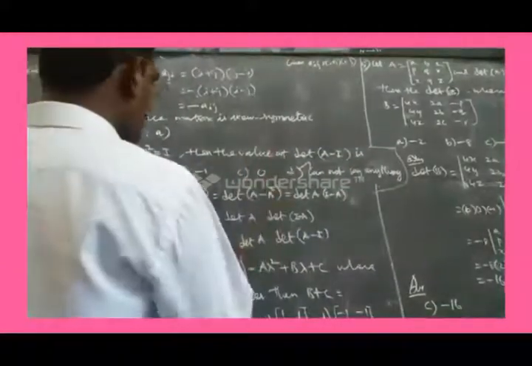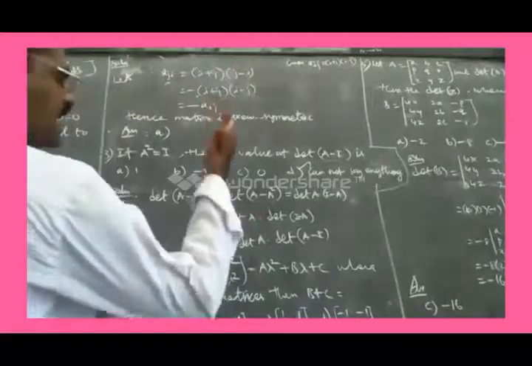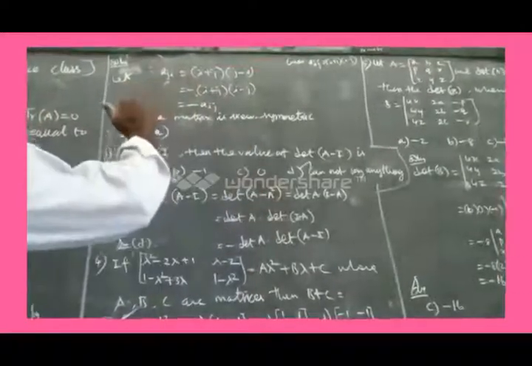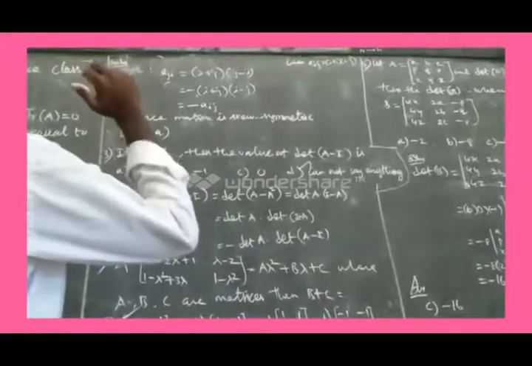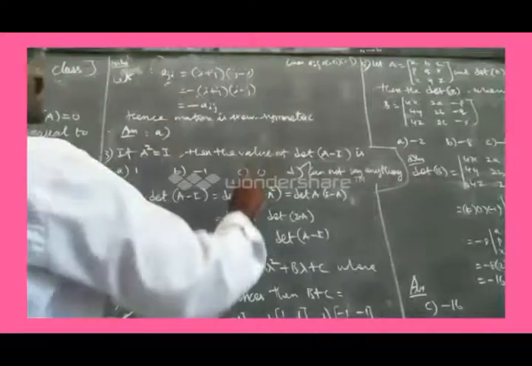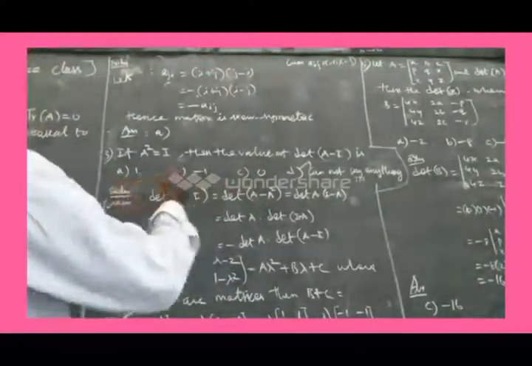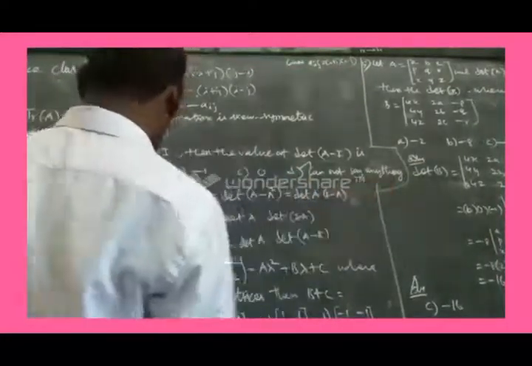Reason: determinant of A minus I equal to minus determinant A into determinant of A minus I. So this answer is not given in the options. So except D. So D, cannot say anything.